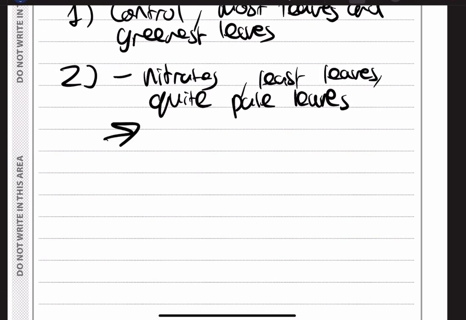Now, why would this be? Now, why would we observe this in the case of nitrates? But we know nitrates are important because they're used for the amino acids, the proteins in the plants. And specifically, they're also important for chlorophyll, right? Nitrates are quite important for chlorophyll, and they're used for plant growth.